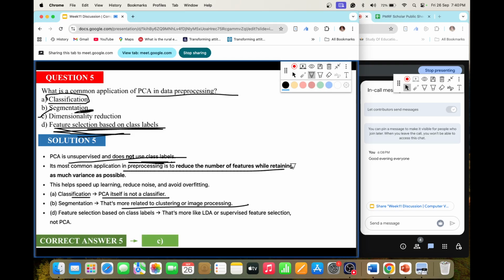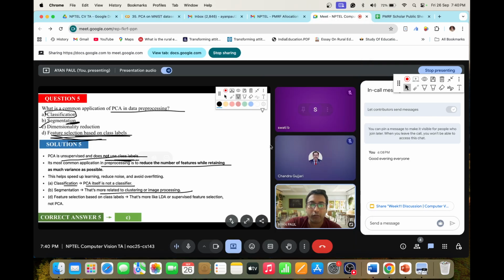The most common application in pre-processing is to reduce the number of features while retaining as much variance as possible. This is the total theory behind it. I hope it is clear to all of you. PCA is used for dimensionality reduction, and LDA is used for feature selection based on class labels. So option C is right.